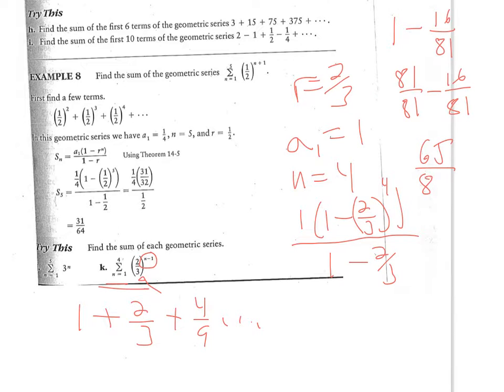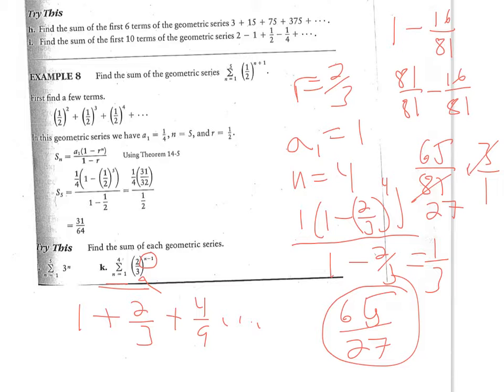So 65 over 81. And then on the denominator, 1 minus 2/3 is positive 1/3. So 65 over 81 divided by 1 over 3 means I'm going to multiply that by 3 over 1. The 3 cancels in the 81 27 times, so the final answer will be 65 over 27. And if you'd done them with a calculator, you'd get some awful decimal value, but that's how you do that.